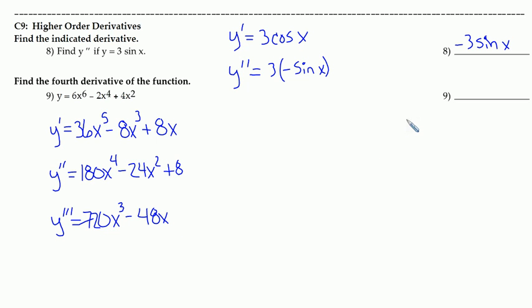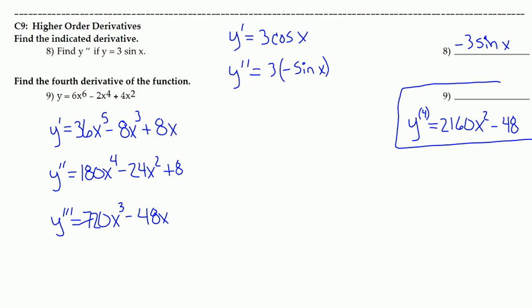And finally, the fourth derivative, I'll just write over here by the answer blank so I don't have to write it twice, is equal to 3 times 720 is 2160. That's x squared. And then minus 48. And I'll just show that that's what I intended to go with that answer blank. That's it.